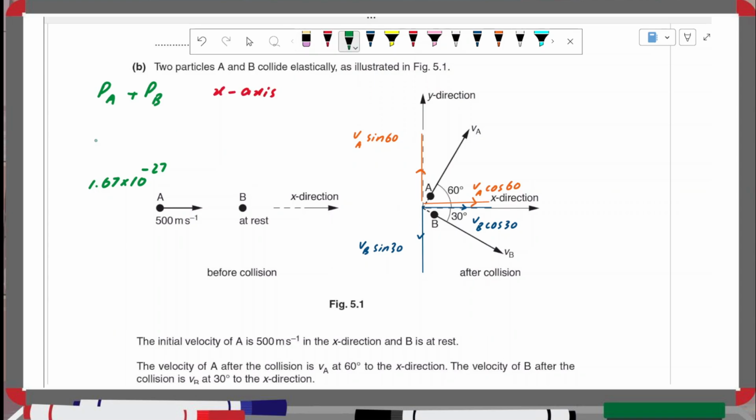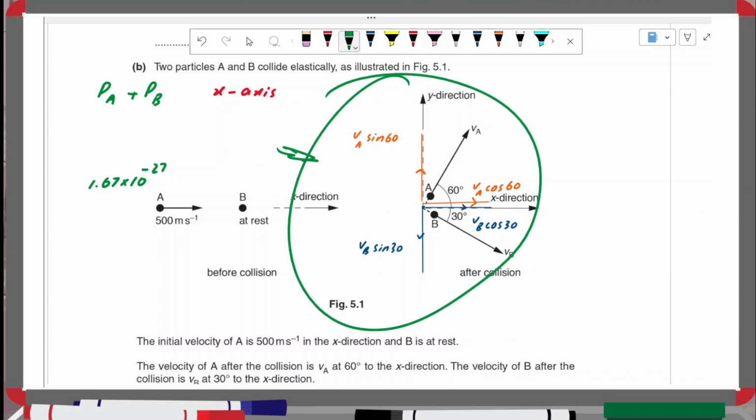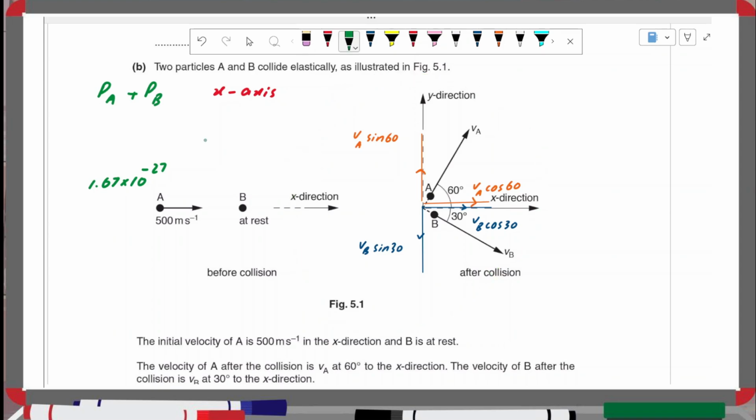What is the momentum of A after the collision, along the x-axis? It is the mass of A times the velocity of A along the x-axis, plus the mass of B, because they have the same mass I'll write m with both of them, times the velocity of B along the x-axis.